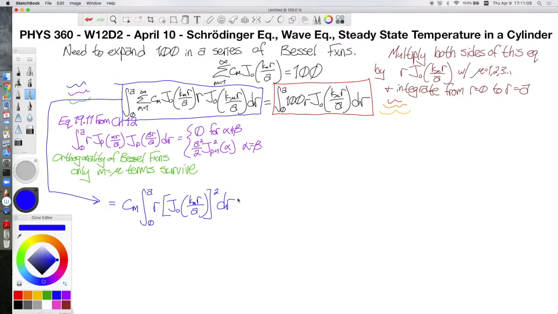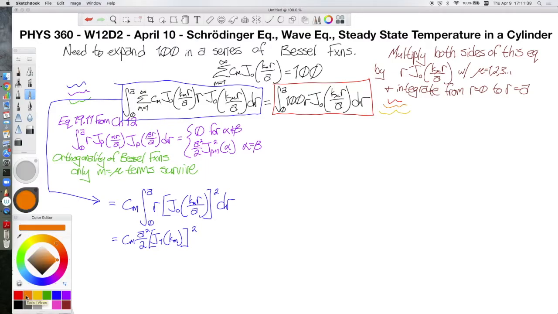And then, using the results of equation 19.11, we get that this side of the equation equals c_m times a squared over 2 times the Bessel function of just k_m, no r's and a's anymore, and that Bessel function is squared. So we've now simplified the left-hand side of our equation, and let's go over to the right-hand side now.